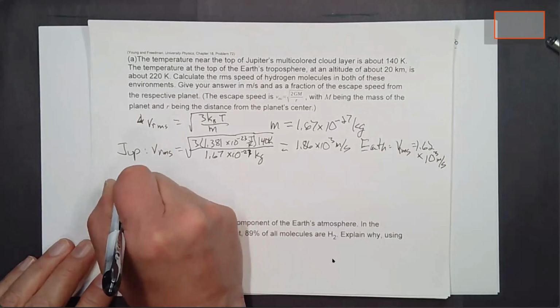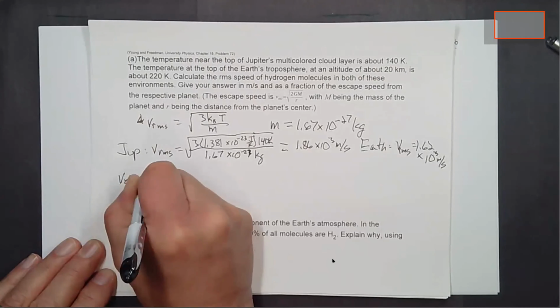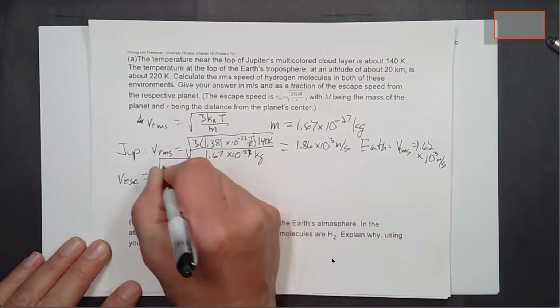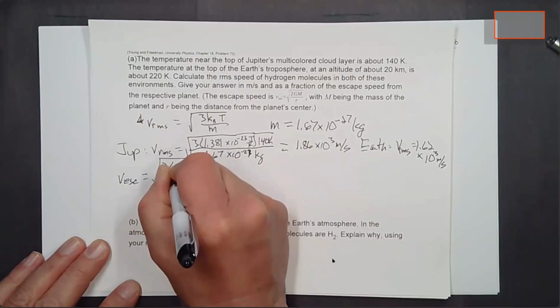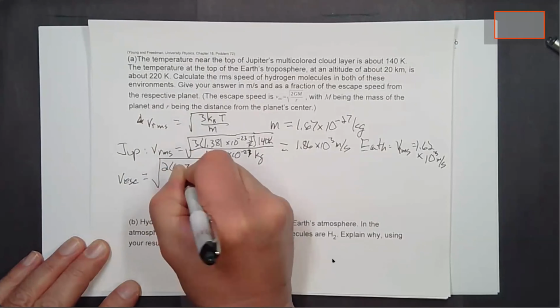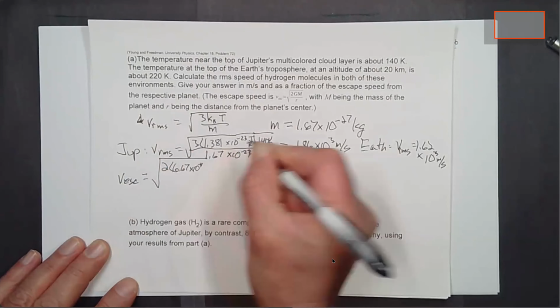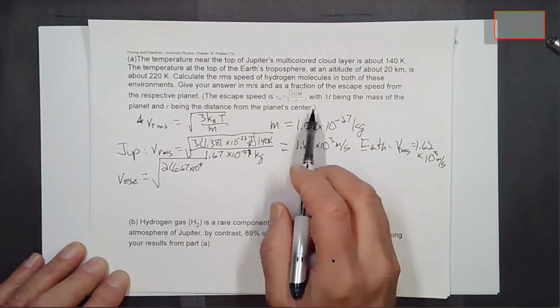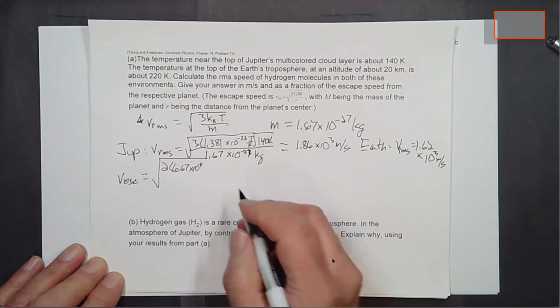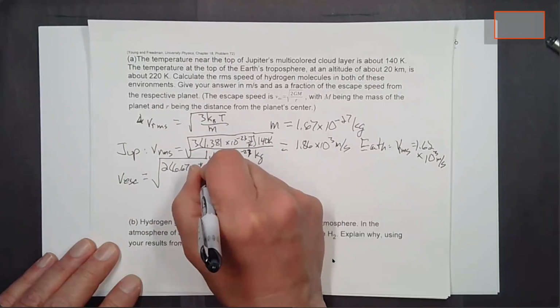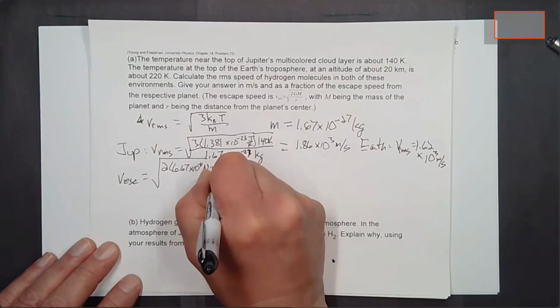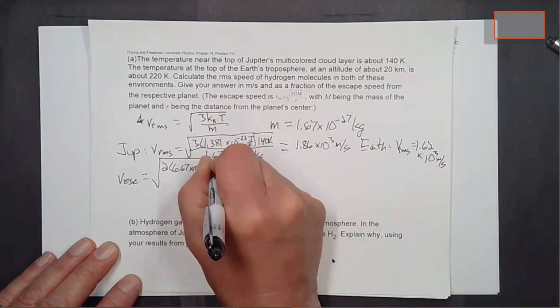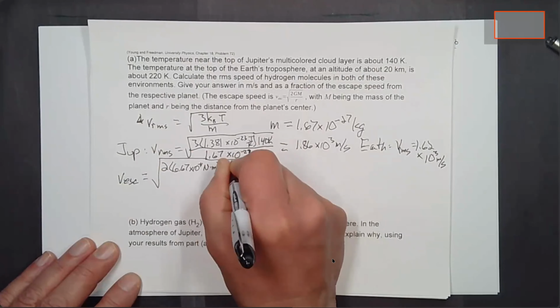So for Jupiter, the escape speed is going to be the square root of 2 times 6.67 times 10 to the minus 11th. That's the capital G, the gravitational constant, in Newton meters squared per kilogram squared.